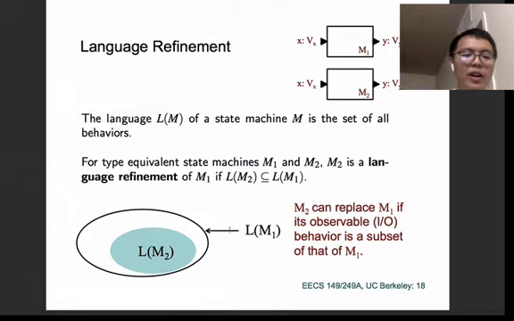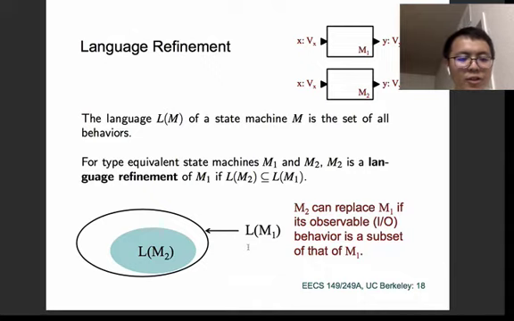So the language L of the state machine is a set of all of the behaviors. So all possible sequences of the input, and the corresponding output. So the language refinement is a subset of the behaviors.